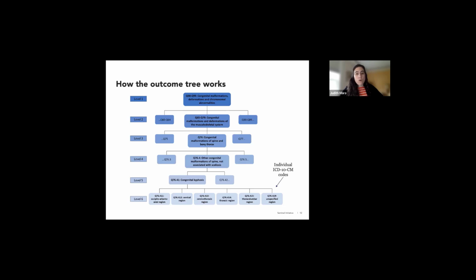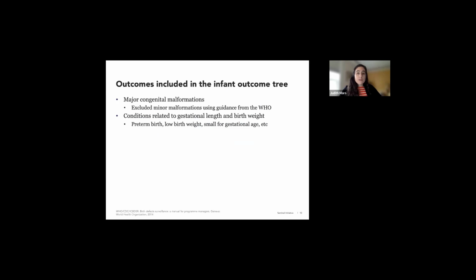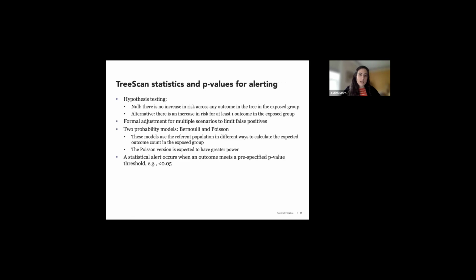As a way to show how this works, this is just indicating that as we go up the tree towards the lower numerical numbers, we're getting closer to the trunk and getting these bigger categories, and we test at all of these levels. Outcomes that we included in the infant outcome tree were major congenital malformations. We excluded some minor malformations based on guidance from the World Health Organization. We also included conditions related to gestational length and birth weight.